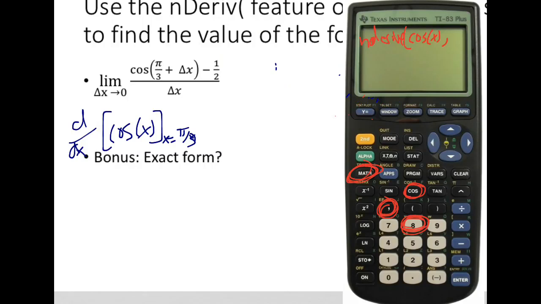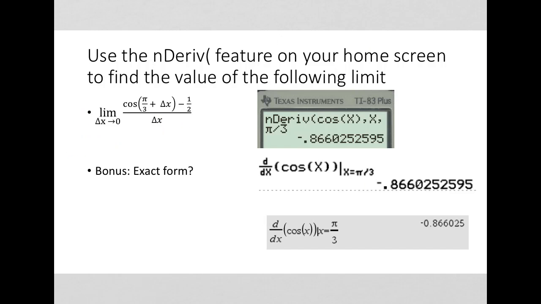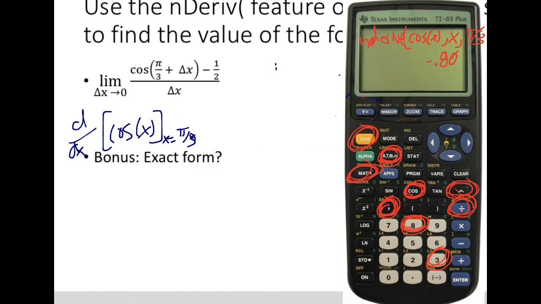So there's your comma, there's your cosine function, there's your x variable, comma, x, comma, so hit x again, then hit a comma again. Now this time, instead of doing x, like you did when you graphed it, you need to type in the value of pi, which is second, caret, pi, divided by 3, because we want the derivative at pi over 3. And you should get negative 0.866 right there.